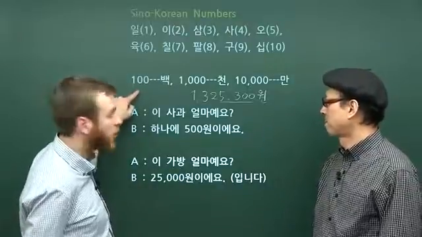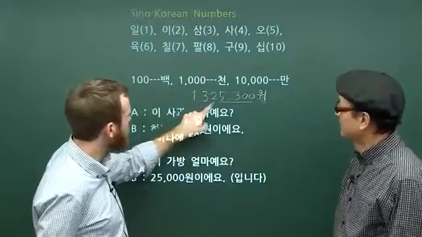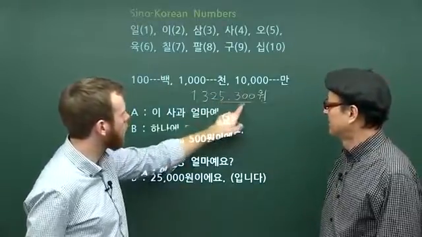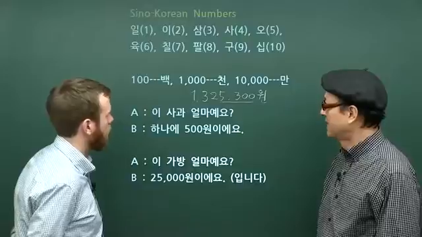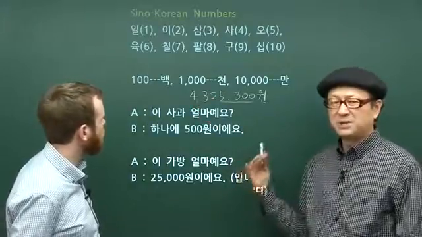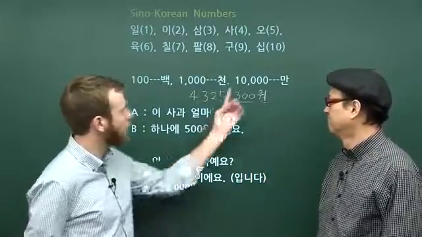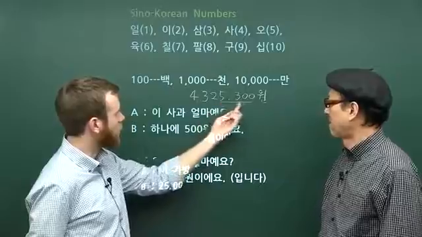Going back to our 100, it's 100만. 132만 5,300원. And then this would be 432만 5,300원. So 432, 10,000, 5,300.